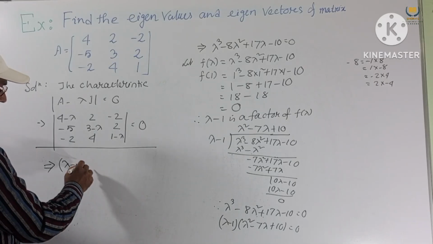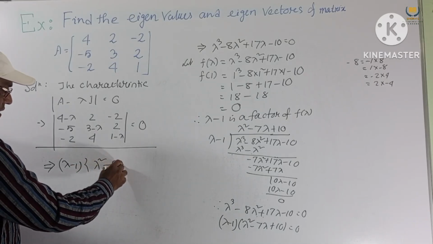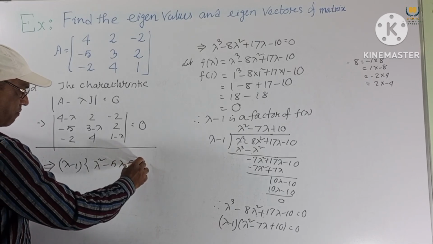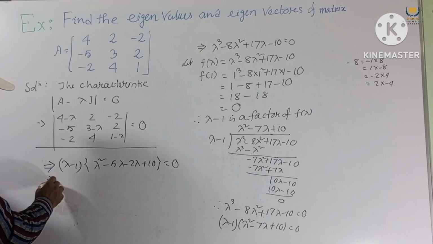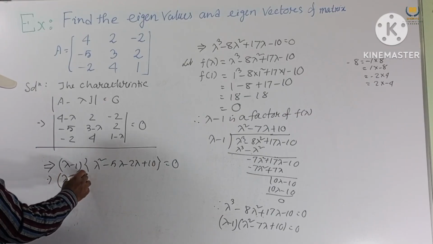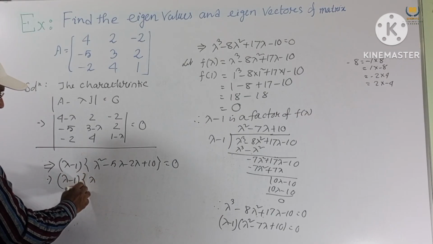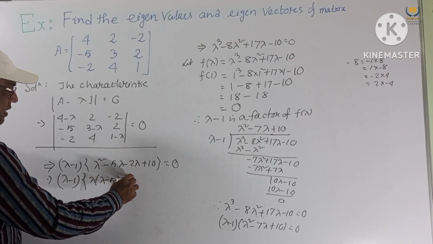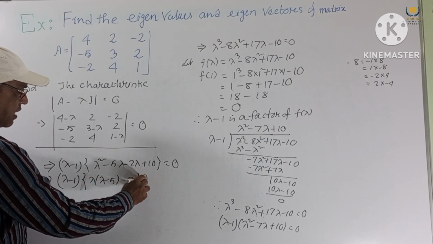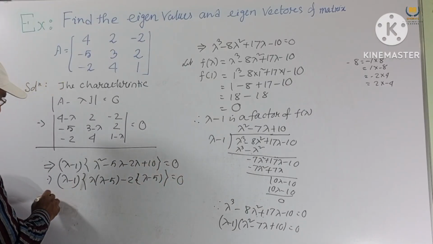and this is lambda square minus 5 lambda minus 2 lambda plus 10 equal to 0. Lambda minus 1, lambda common, lambda minus 5, minus 2 common, lambda minus 5 equal to 0.